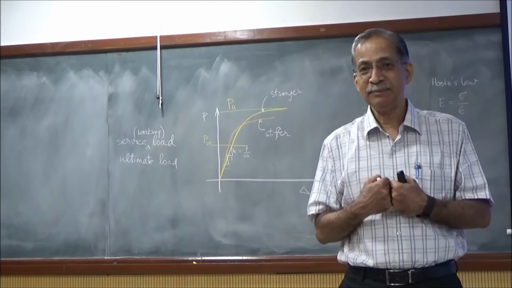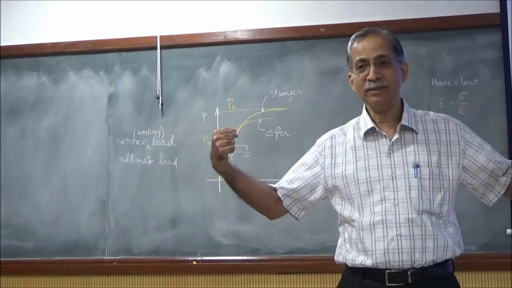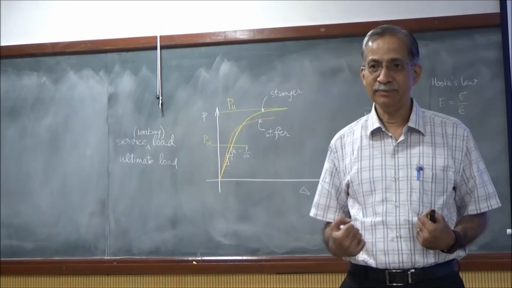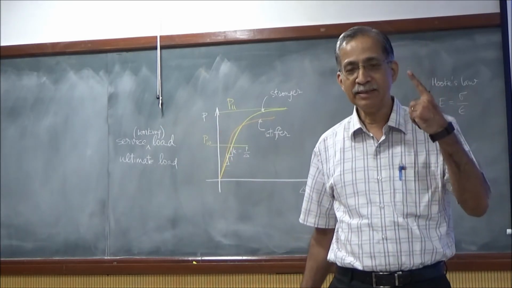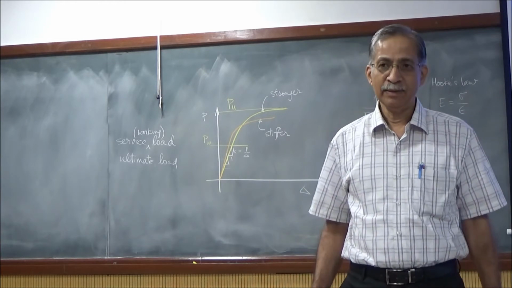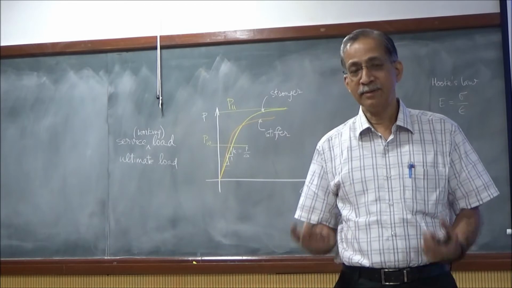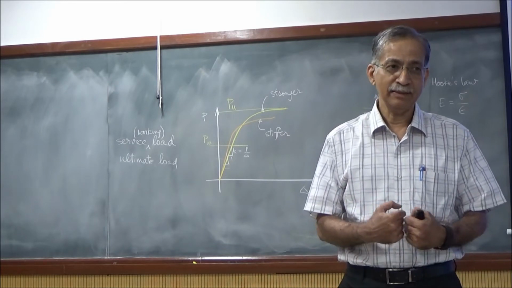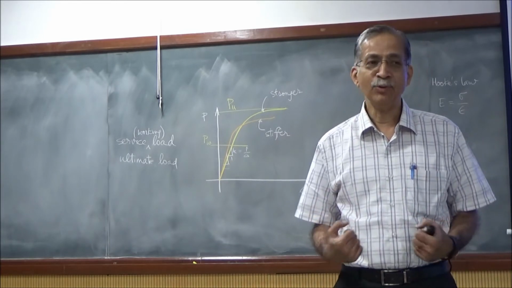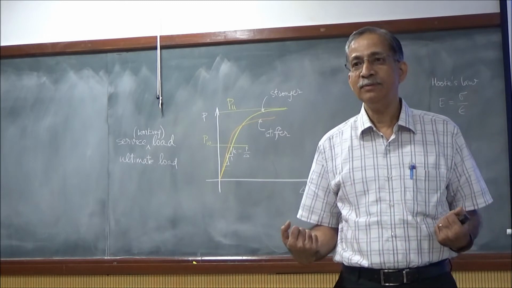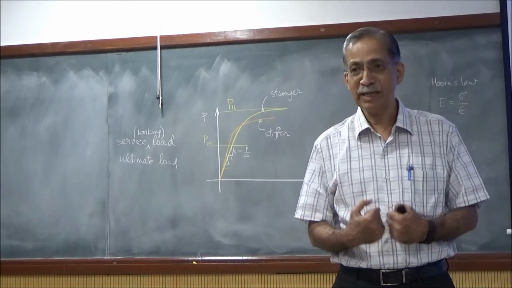Then it also says that the stress-strain behavior is linear. That means if a certain axial strain, epsilon, results in an elastic stress, sigma, and if you apply 2 times epsilon, you will get 2 times sigma.